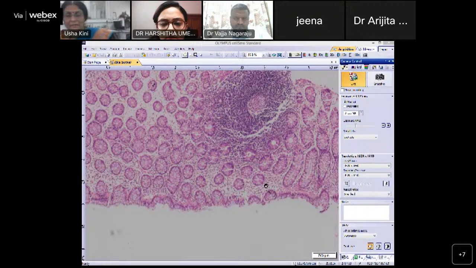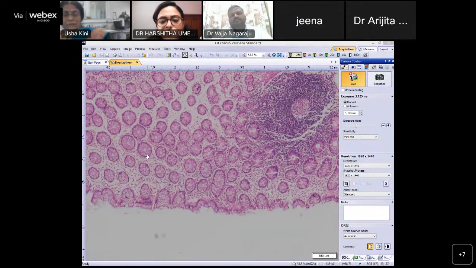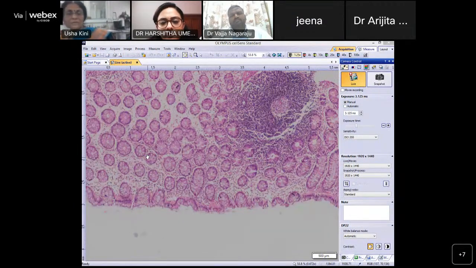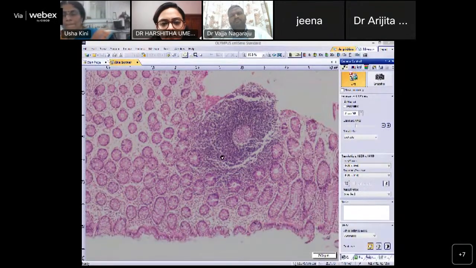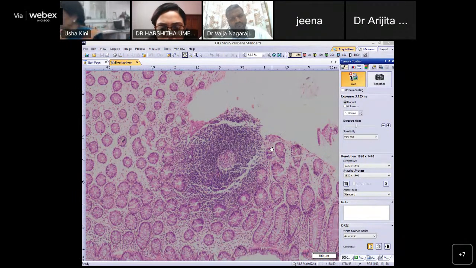Do you find that the crypt architecture is maintained? Yes, ma'am. Okay, and what is it that you're seeing here in the center? Lymphocyte aggregate, ma'am.